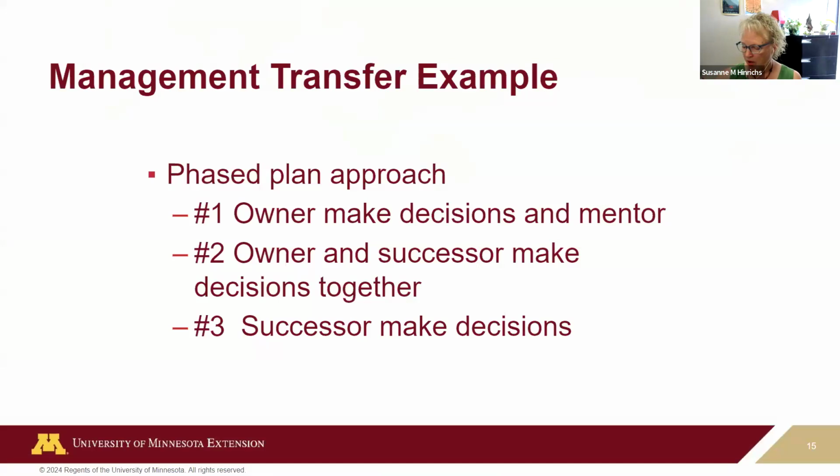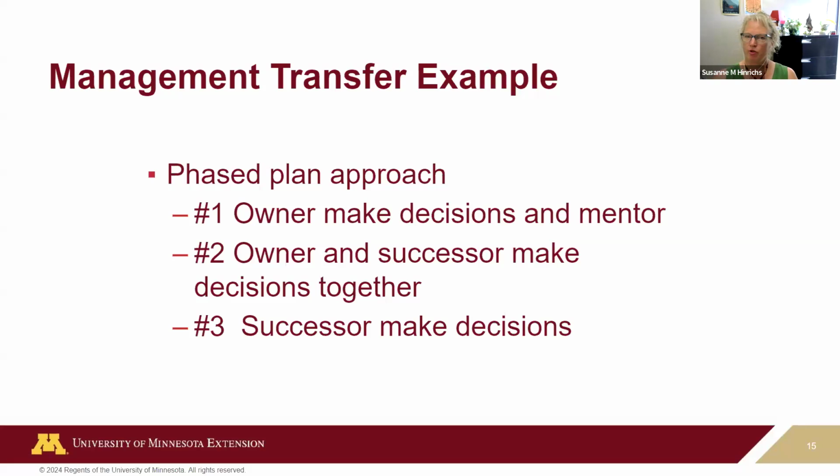So we have an example for you. This is just a thought. As you listen to our webinars, we are giving you resources and thoughts so that you can think about how this would work for your farm and your family. So maybe you have a phased plan approach where the owner generation is making decisions and mentoring the younger generation.